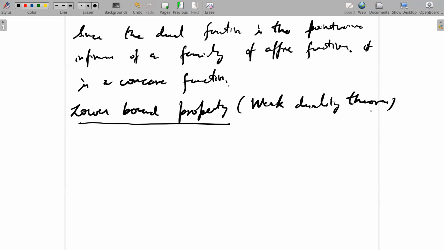In many examples that we'll see, we'll take linear programming, that's also an optimization problem. We'll see what the Lagrangian is, then what the Lagrangian dual is, and it will turn out that it is precisely like the dual that we have already studied. So this is in fact a generalization of that concept and holds for any general optimization problem.